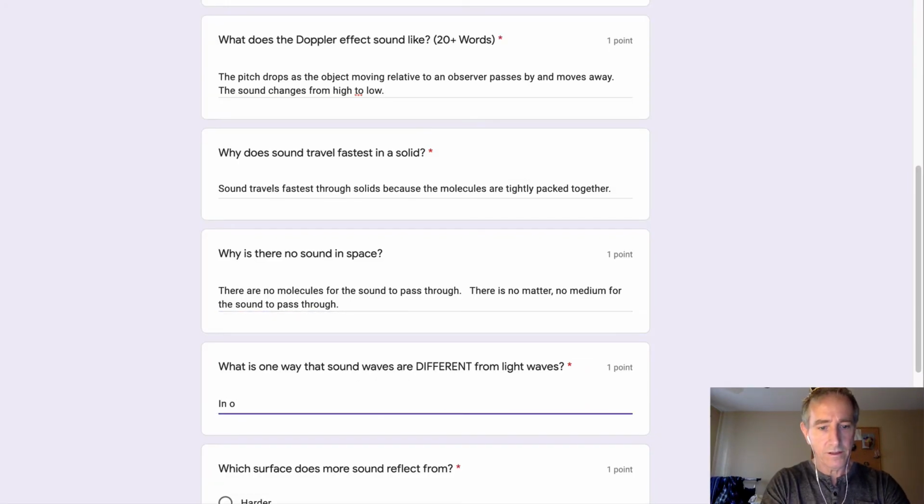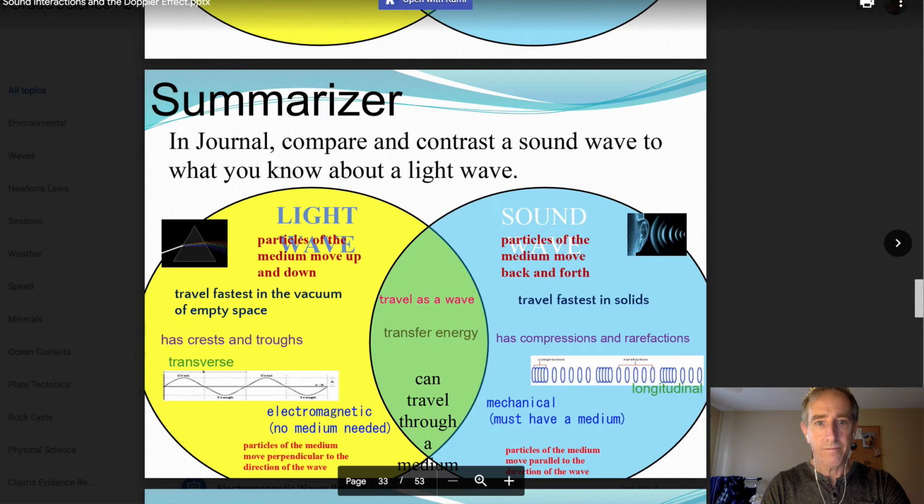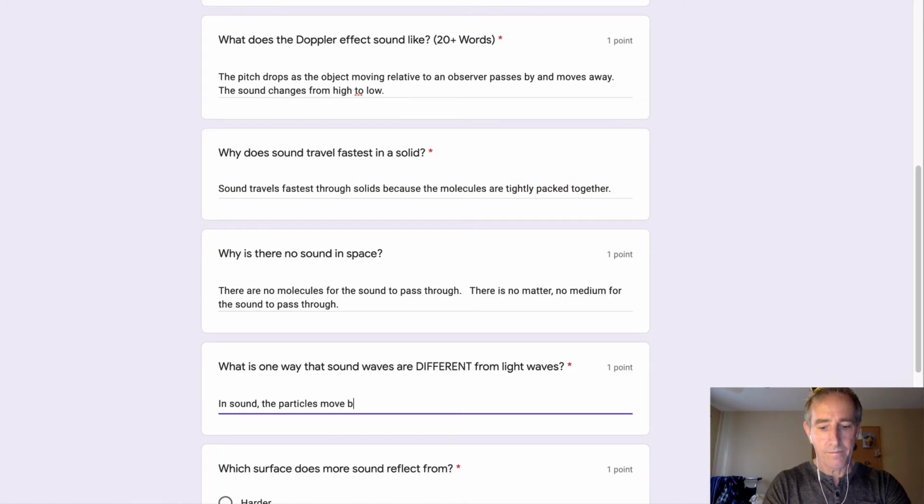In sound, the particles move back and forth. And in light, the particles move up and down.